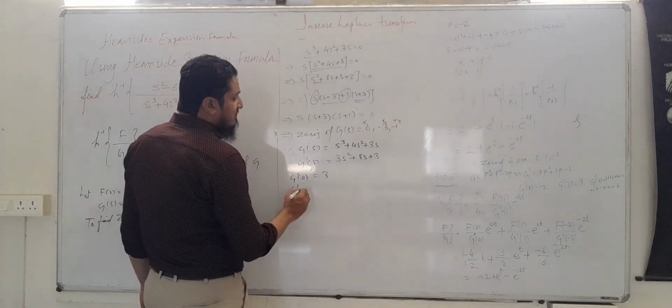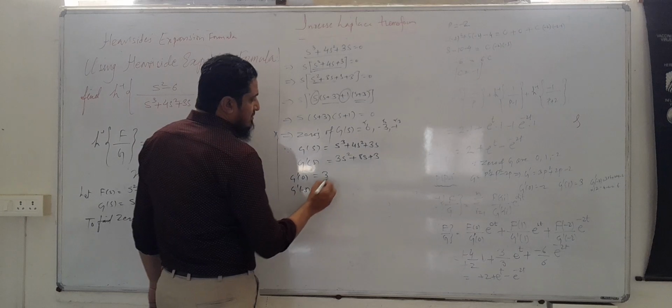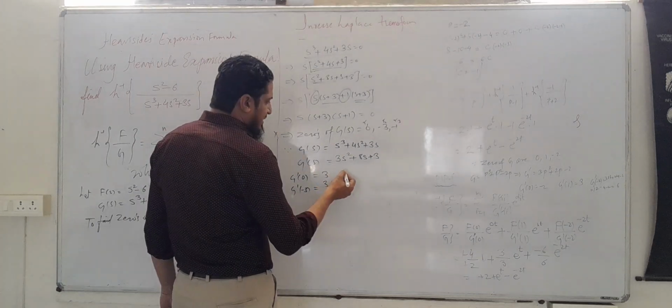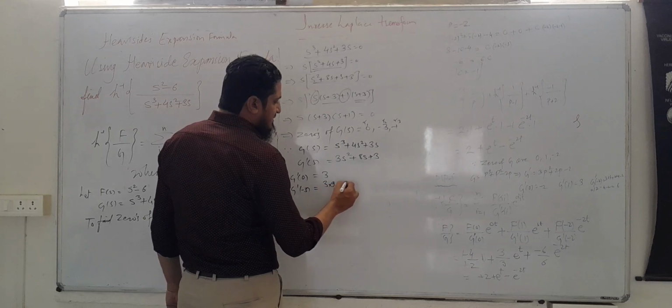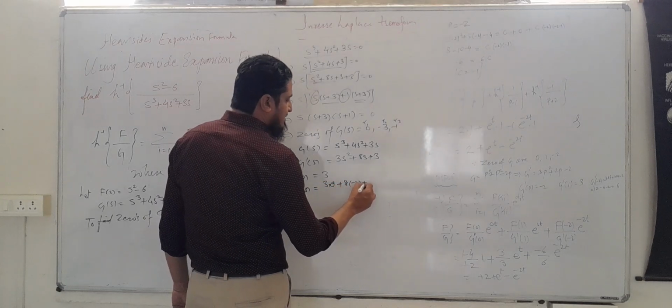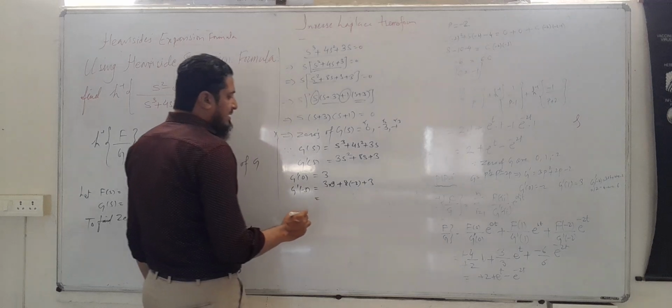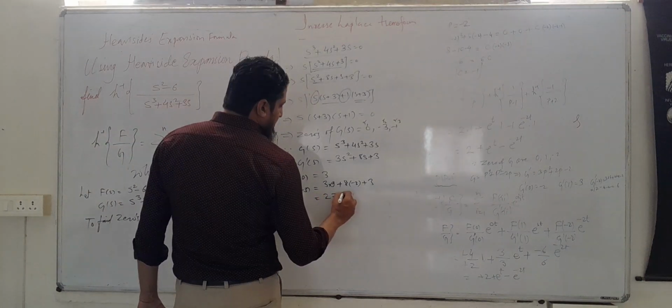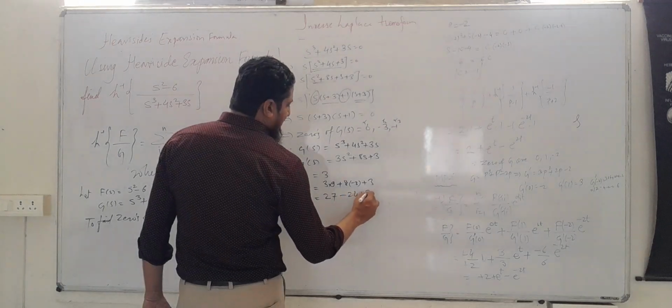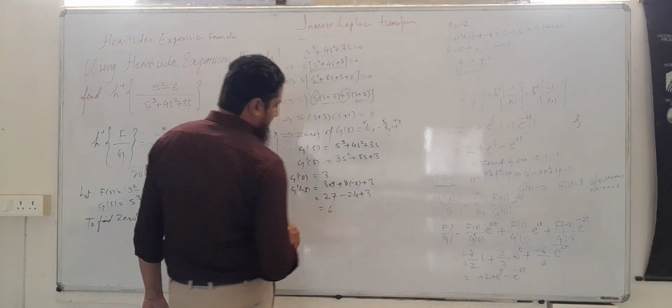Then g dash of minus 3 is 3 into minus 3 square, that is 9, plus 8 into minus 3 plus 3, so we get 27 minus 24 plus 3, which is 6.